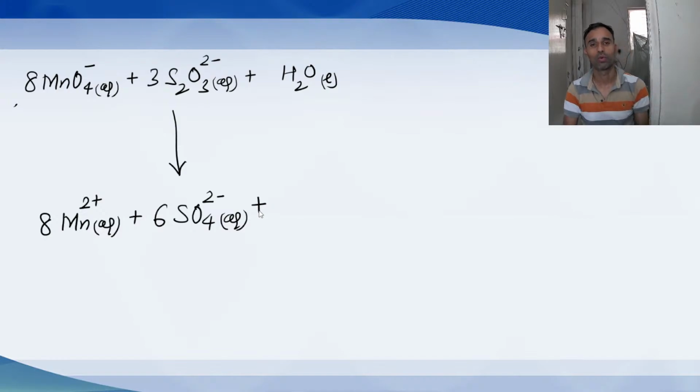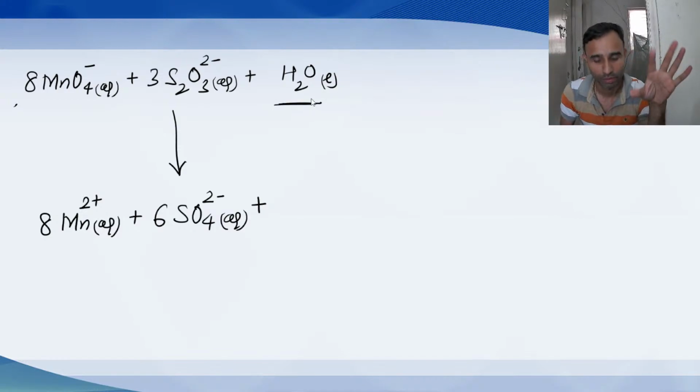Now come to the oxygens. Leave aside the water. For the species that are oxidized and reduced, you have to count oxygens and hydrogens. There is no hydrogen in them.